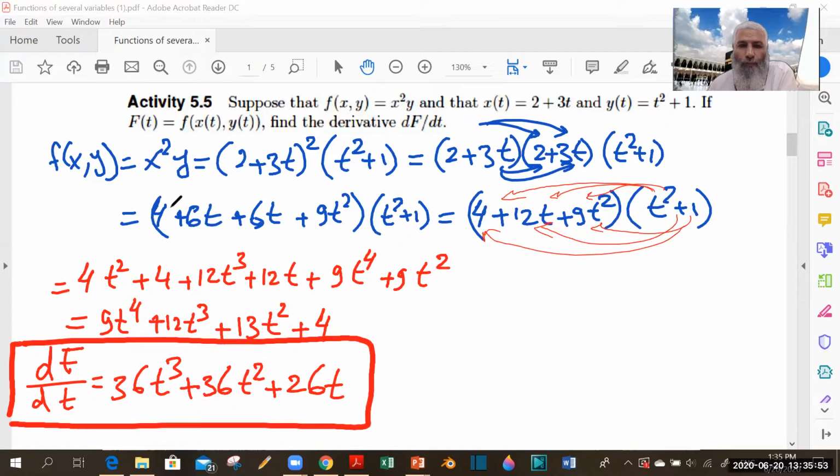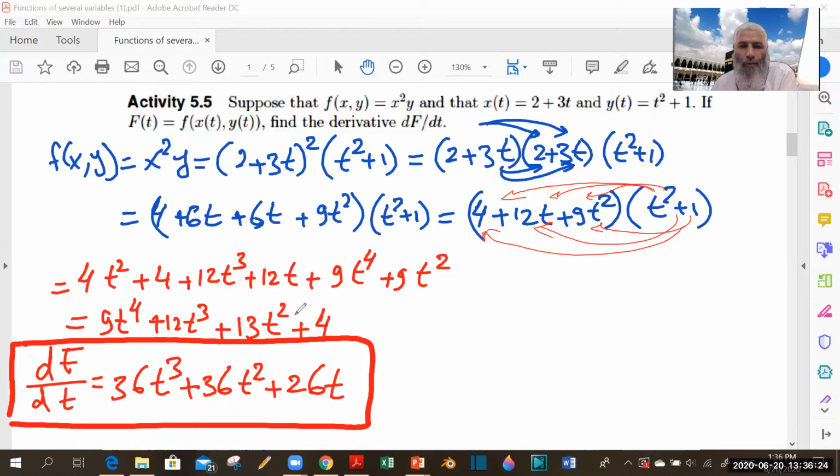This is 4 plus 12t plus 9t squared, times t squared plus 1.